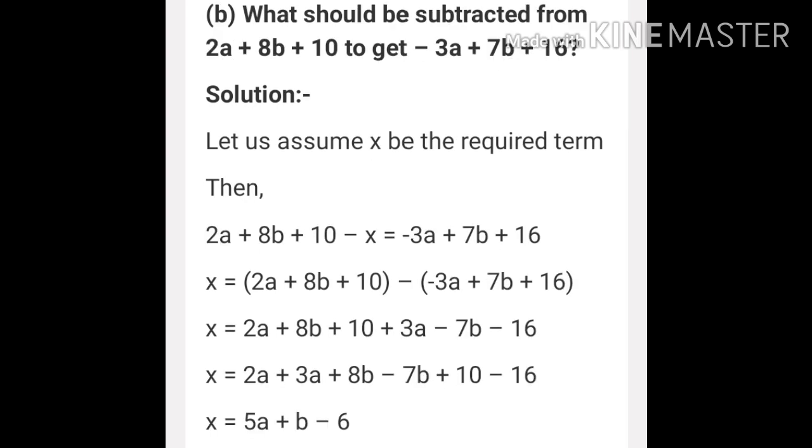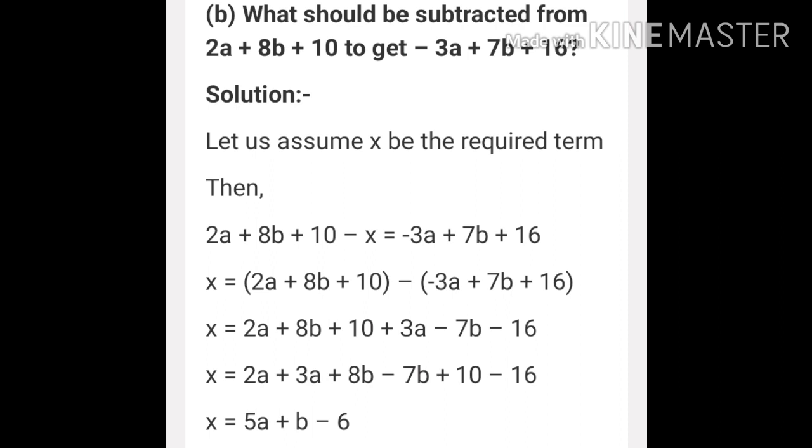Now B part, what should be subtracted from 2a plus 8b plus 10 to get minus 3a plus 7b plus 16? Let us assume x be the required term. Then 2a plus 8b plus 10 minus x is equal to minus 3a plus 7b plus 16.